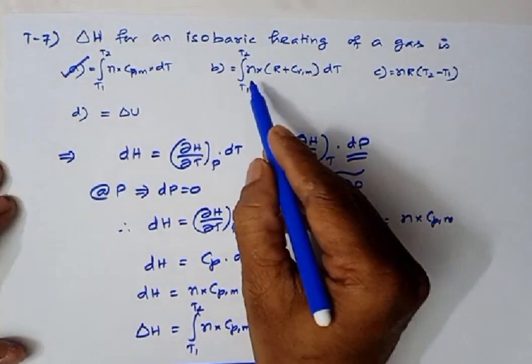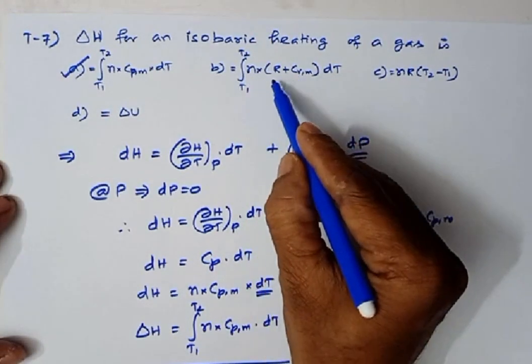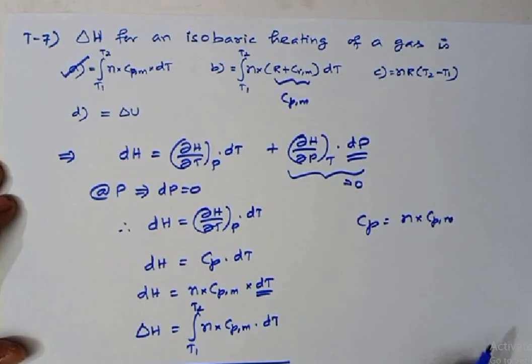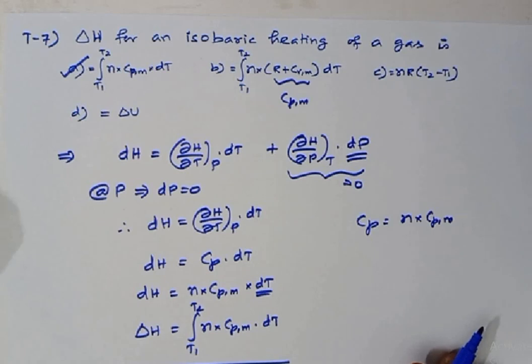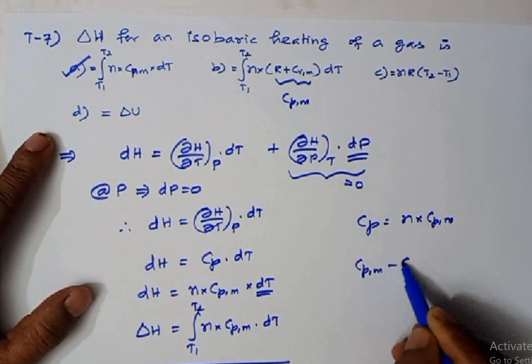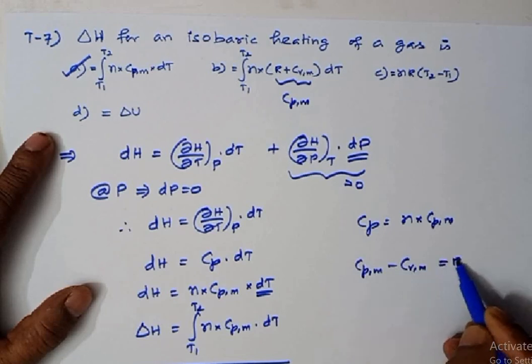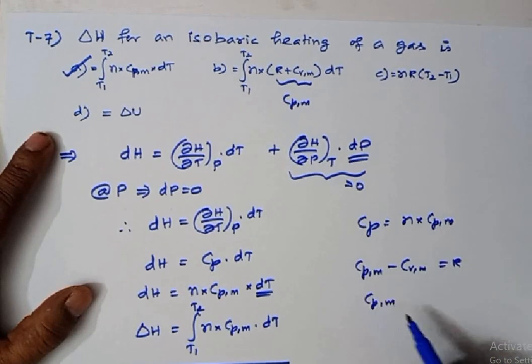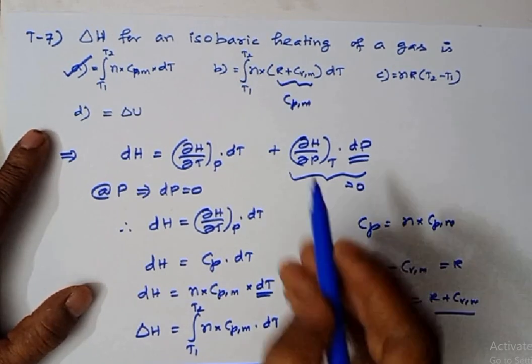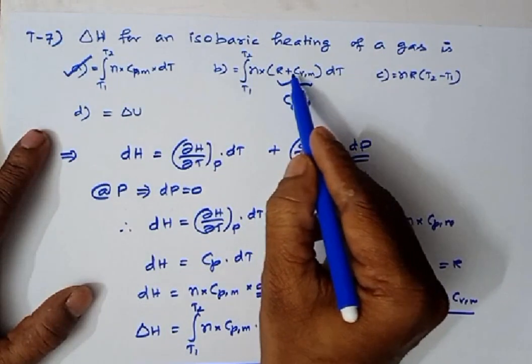In option B, you observe this carefully. R plus Cvm equal to Cpm. Yes, correct. You know Cpm minus Cvm equal to R. Then what is Cpm? R plus Cvm. Yes, instead of Cpm, we have R plus Cvm.